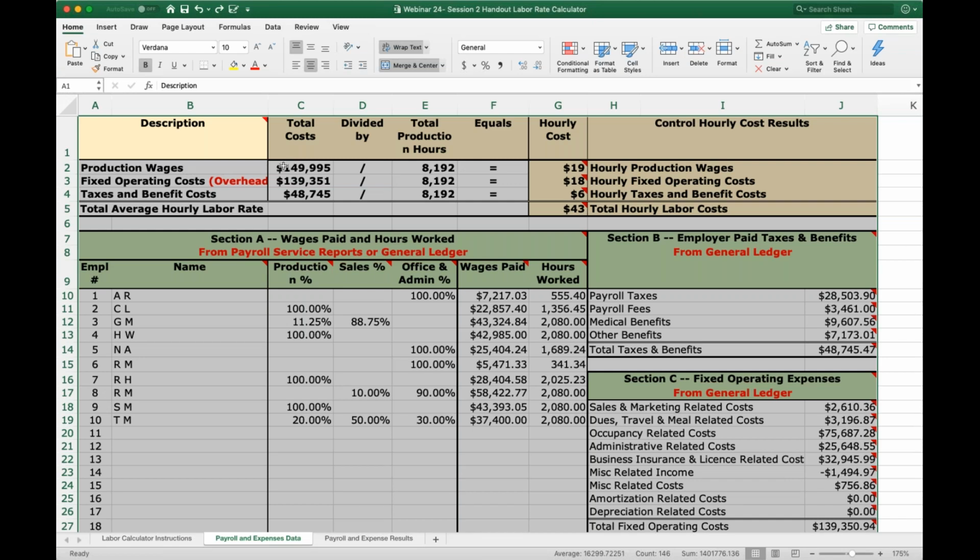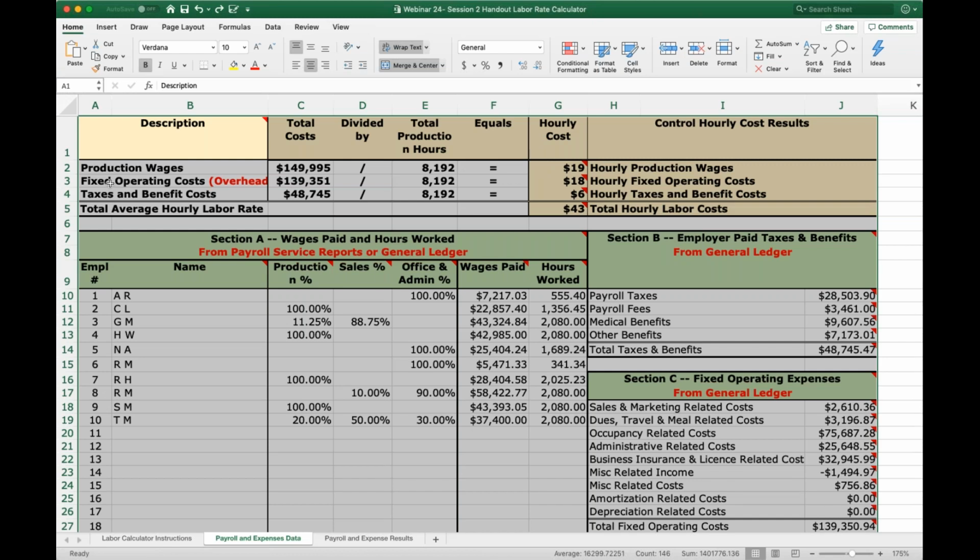The wages that he paid for people involved in production was $150,000. We divided that by the total production hours of the people involved in the production, 8,200 hours. So that represents $19 an hour, okay?